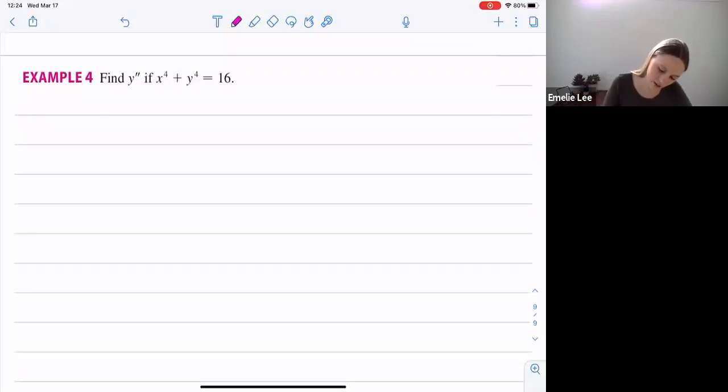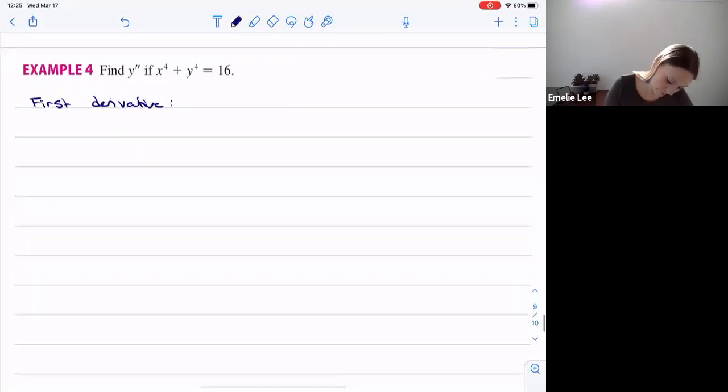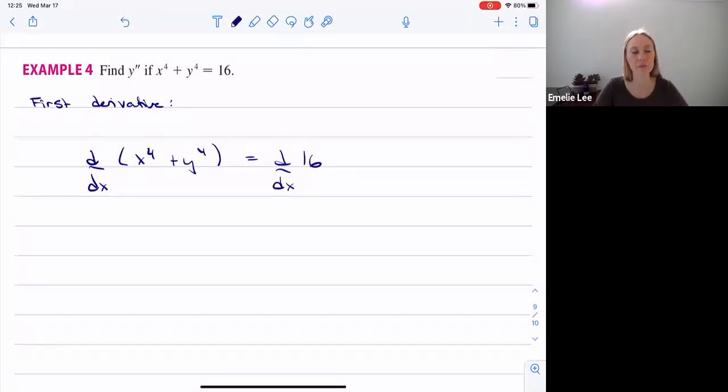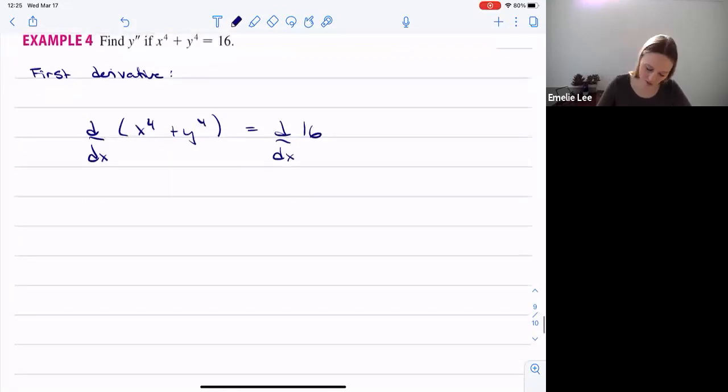So we want to find the second derivative of this thing. First I want to find the first derivative. d/dx of x to the fourth plus y to the fourth equals d/dx of 16. Back to kind of where we started earlier, right? So not bad. I get 4x cubed plus 4y cubed times y prime equals 0.